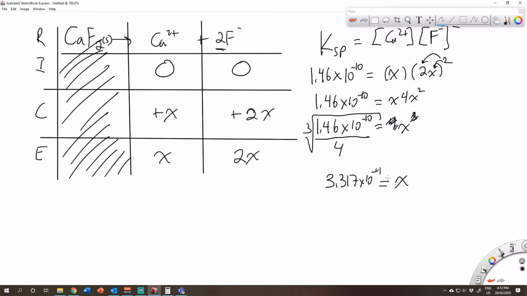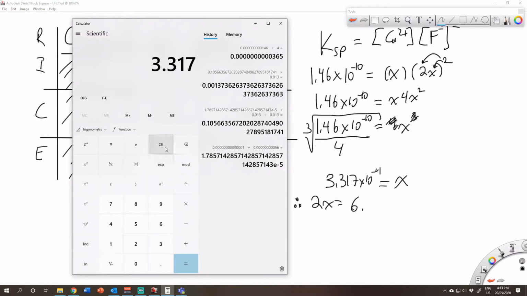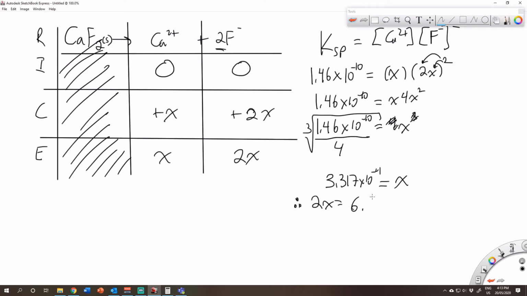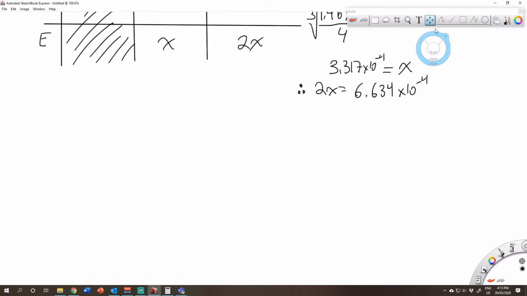And then therefore 2x will be 3.317 times 2, so 6.634 times 10 to the negative 4. All right, so that's our concentration of fluoride.